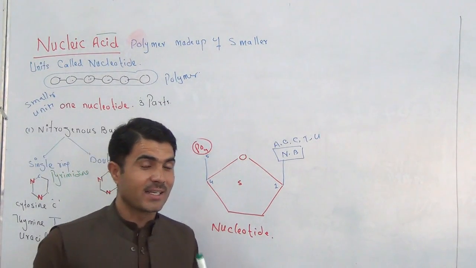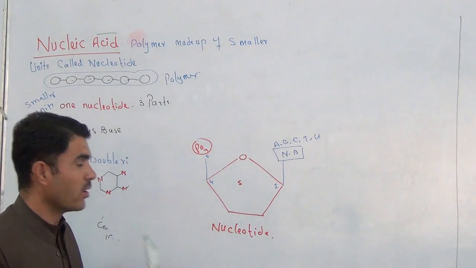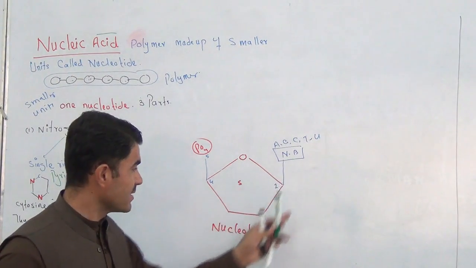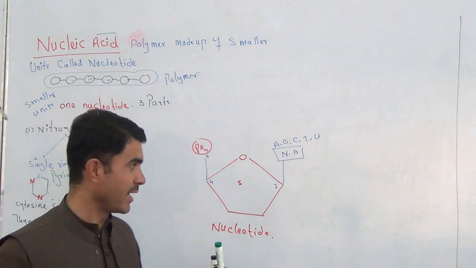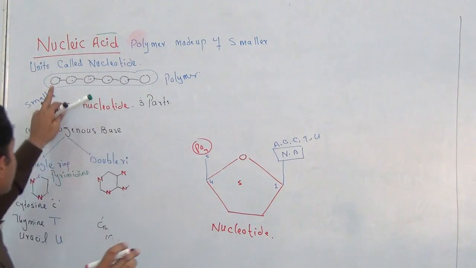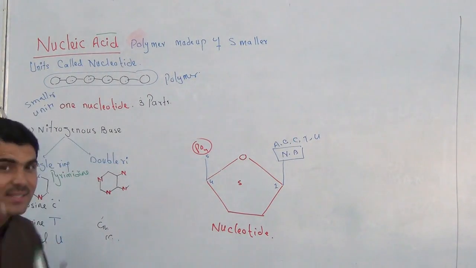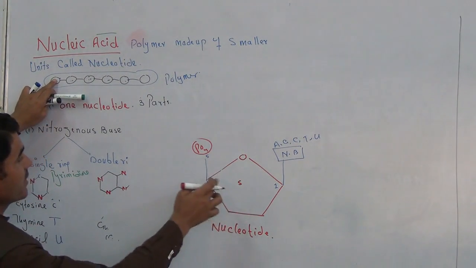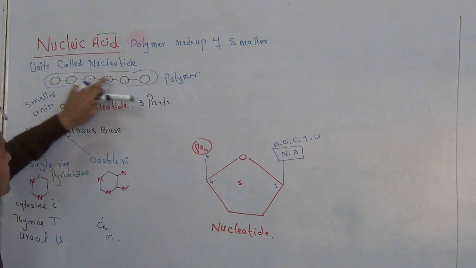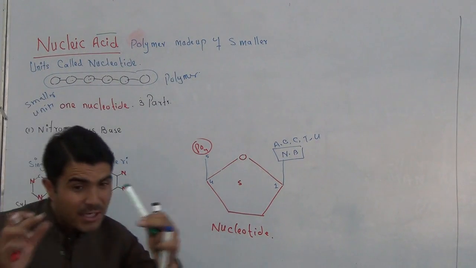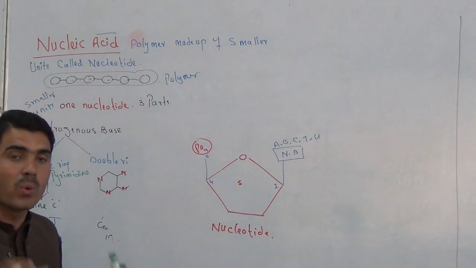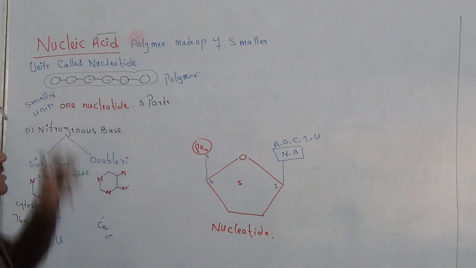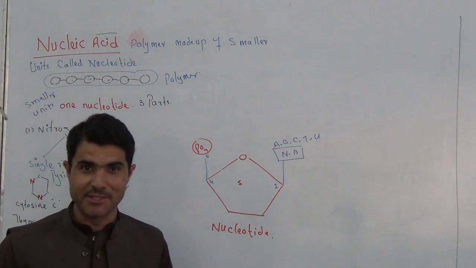So girls and guys, now we have one nucleotide. This is the structure of one nucleotide. And come to these circles now. If each circle represents a nucleotide, then we will have a lot of nucleotides arranged, linked with one another, and we call them a polymer, a polynucleotide, which is called nucleic acid.